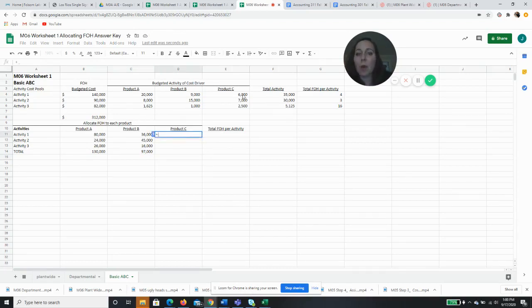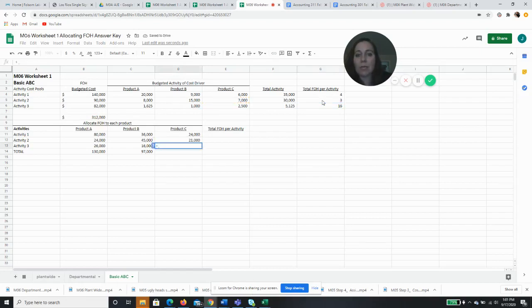For product C, related to activity 1 it uses 6,000 times the rate of 4. So they're going to get $24,000 of factory overhead related to activity 1. For activity 2, they use 7,000 times a rate of $3, for a total of $21,000 of factory overhead.